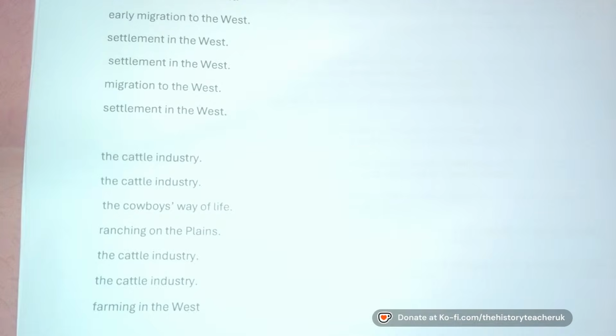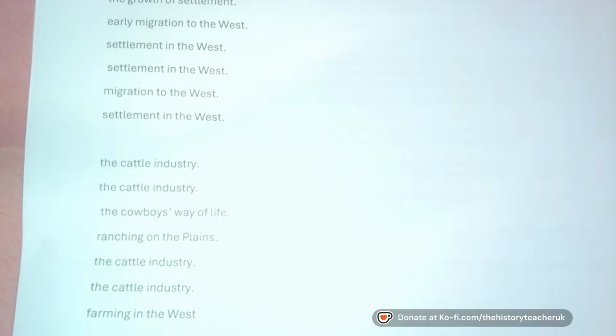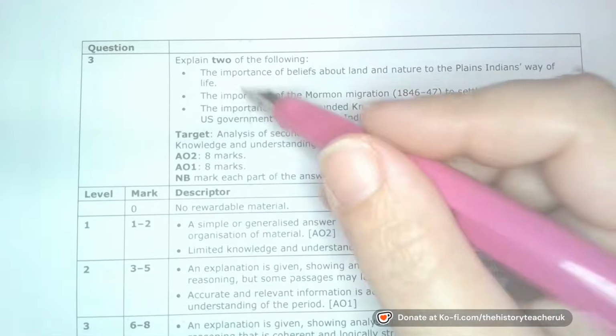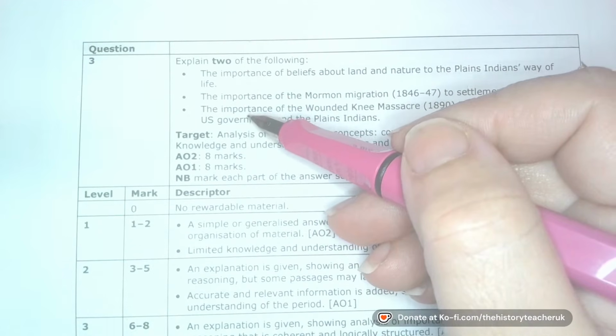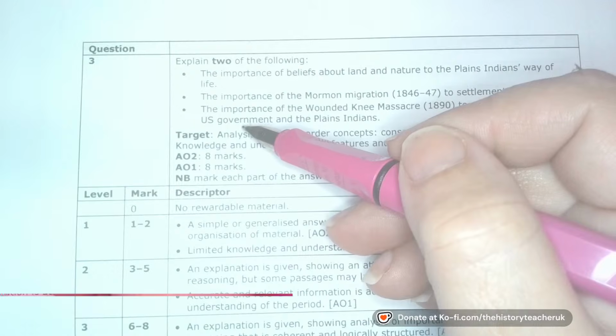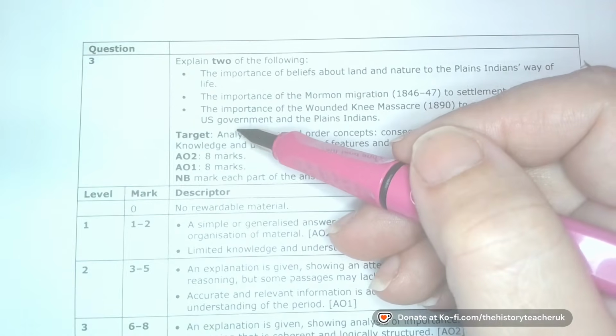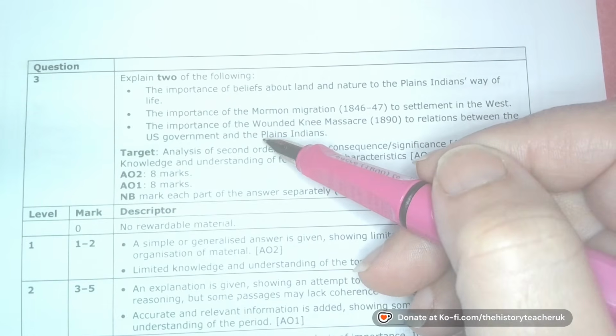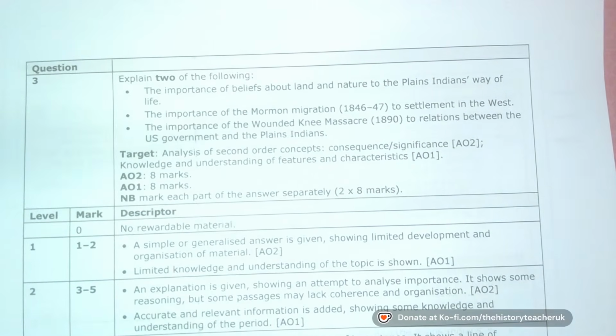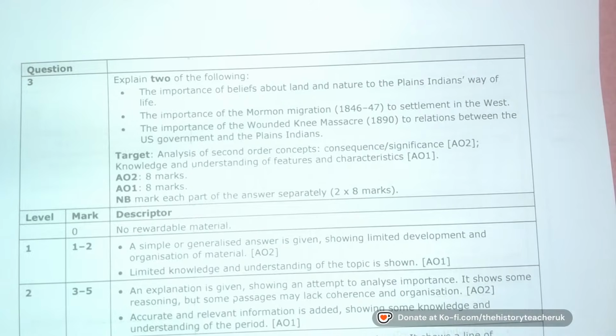Because when we come to mark these, almost always we see one of these questions people do well and one of these questions people do really badly. And this is half your marks, guys. So it's worth looking at how you revise this question and revising it in a completely different way.